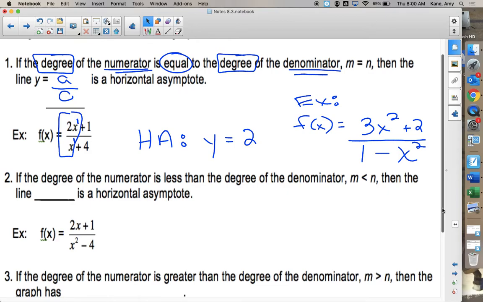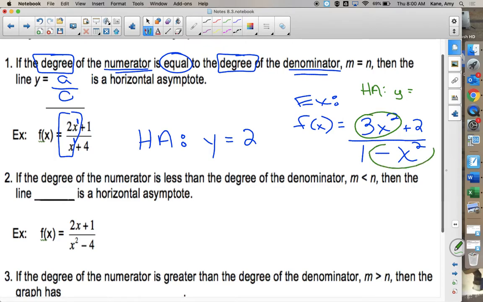So one power on the top equals the other power on the bottom. What's the horizontal asymptote in this case? Chris? -3. So you're taking the coefficient in front of that degree divided by the coefficient in front. So 3 divided by -1 would be -3. So if they're the same, it's the coefficients.